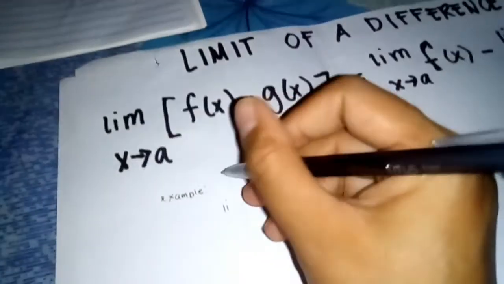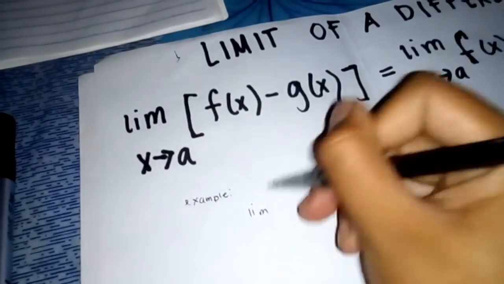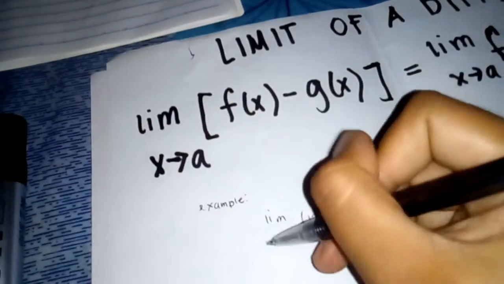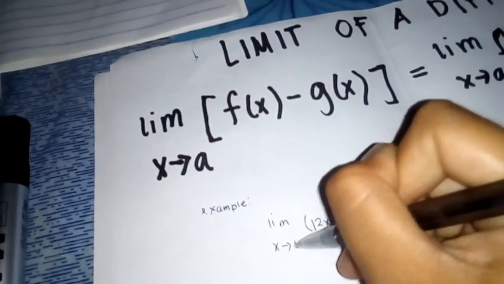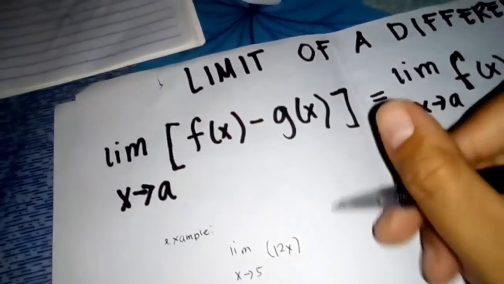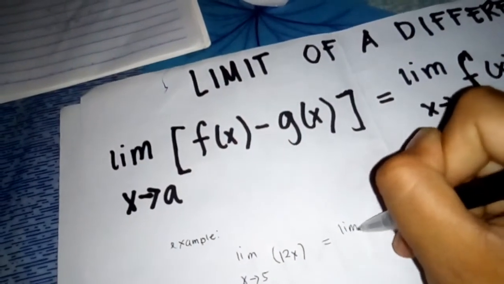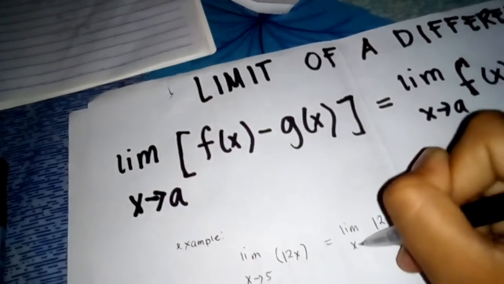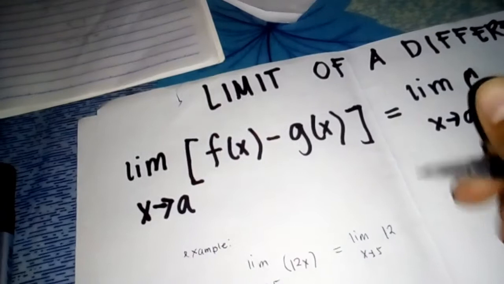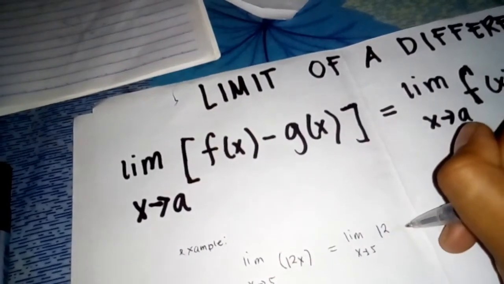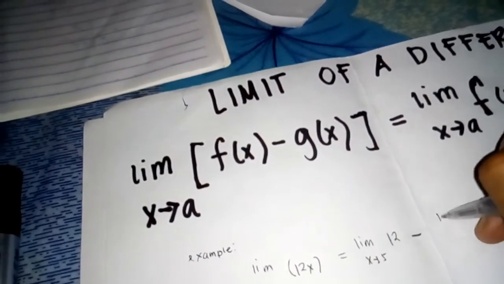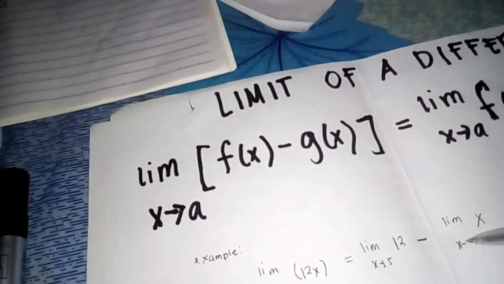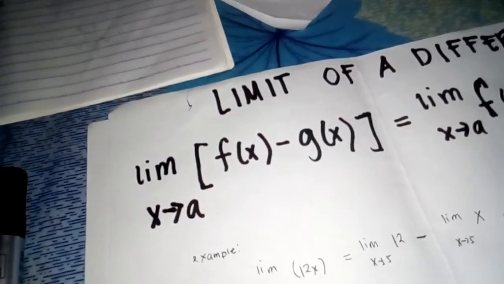The limit of 12 minus x as x approaches 5 is equal to the limit of 12 as x approaches 5 minus the limit of x as x approaches 5.